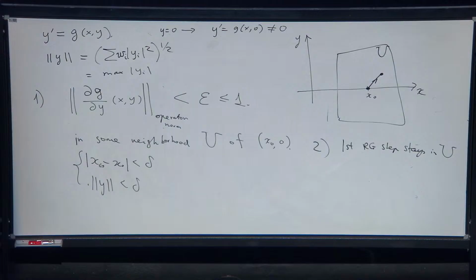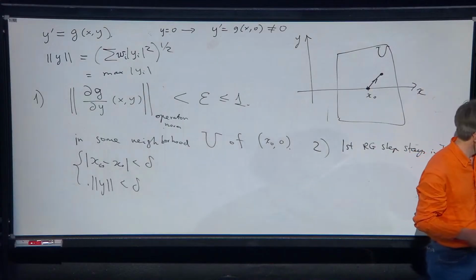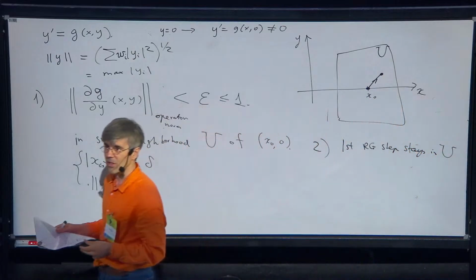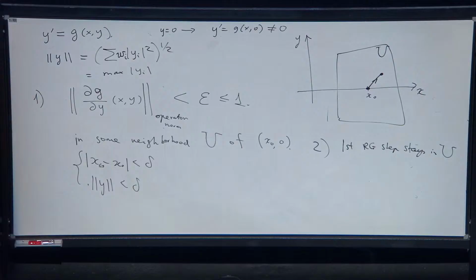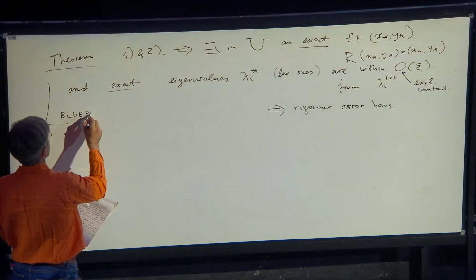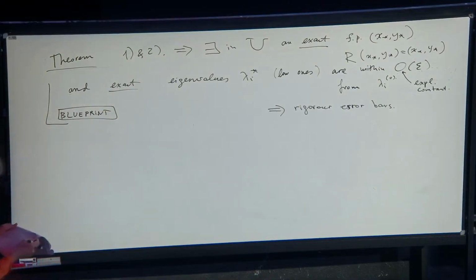So everything that you can possibly be interested about your map, in particular the eigenvalues which control the critical exponents, are corrected just at order epsilon with some completely explicitly computable coefficients. And so that's it. And so this is a blueprint for doing RG computations with rigorous error bars.